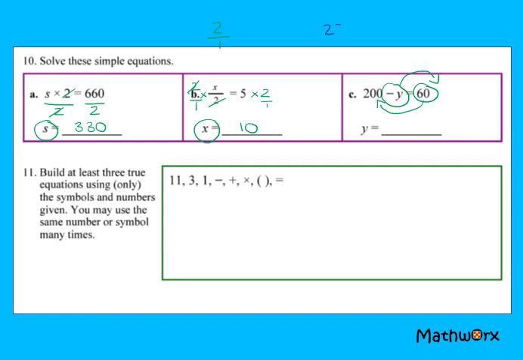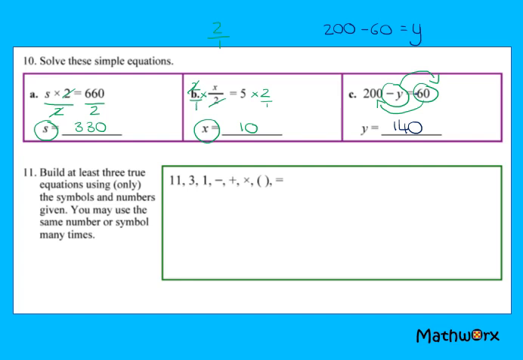Remember, we have the 200 on the left-hand side, and there's a little plus by the 60, and if it jumps over the equal sign, it becomes a minus 60 equals this minus y. If we move it over the equal sign, it becomes a positive, so it becomes a positive y. And what's 200 minus 60? Gives me 140. So y is equal to 140. Okay, so I hope you guys got a little bit of a recap there.